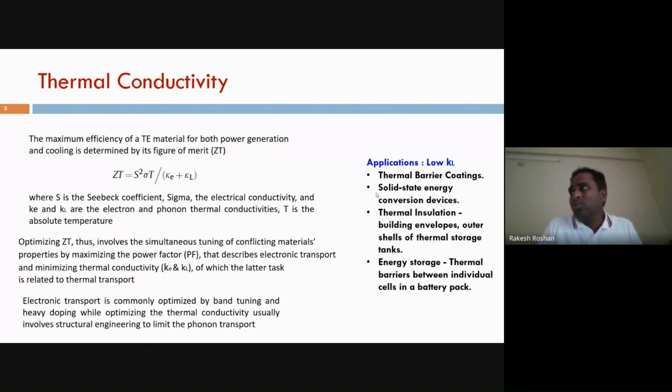Once the sun is on, the room gets heated, and in the evenings or at night you want the heat to be retained. So you can use these as building envelopes, like outer shells of thermal storage tanks. You can also use them as thermal barriers between the individual cells in a battery pack. If one cell catches fire, you don't want it to carry forward into the next set, so you can use these as barriers. These are the applications of materials with low lattice thermal conductivity.